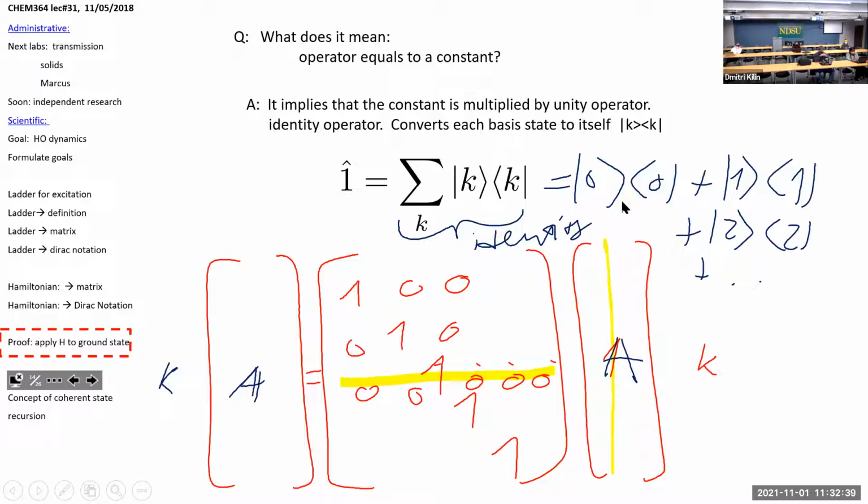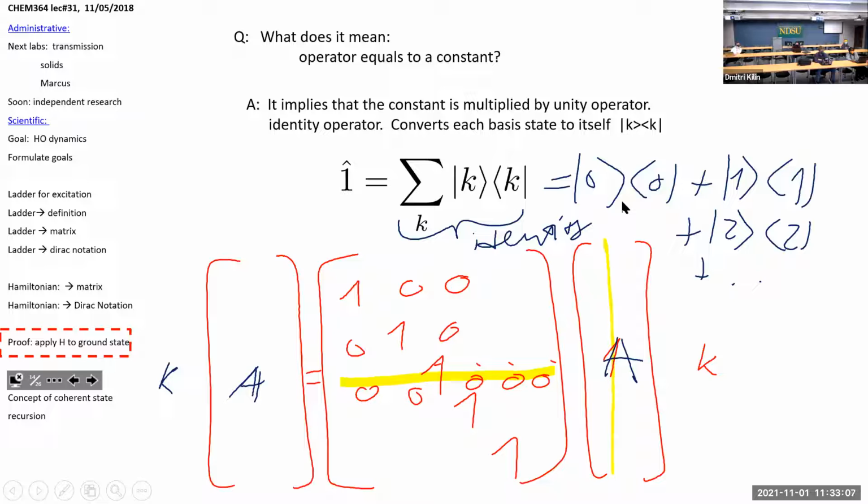So this bra meets some other ket and converts it into this ket, right? So it means if this operator meets something in the ground state, it will reproduce it. And this element would correspond to 1 at the beginning of the main diagonal.